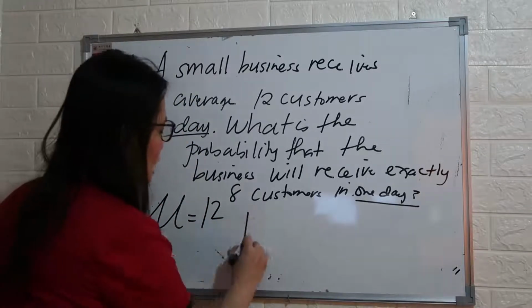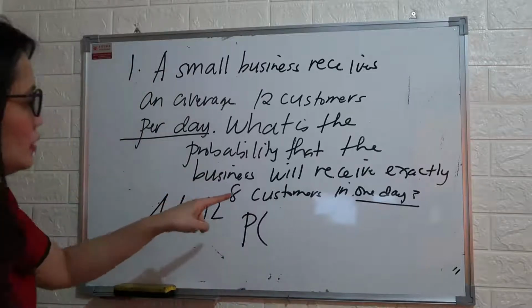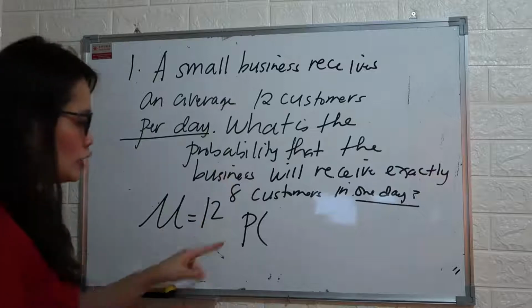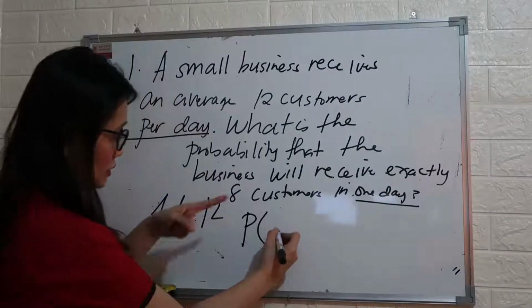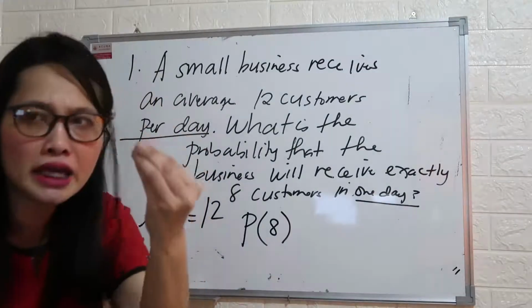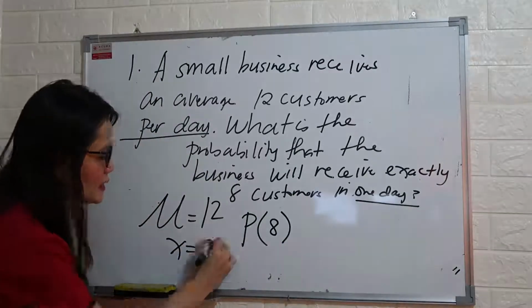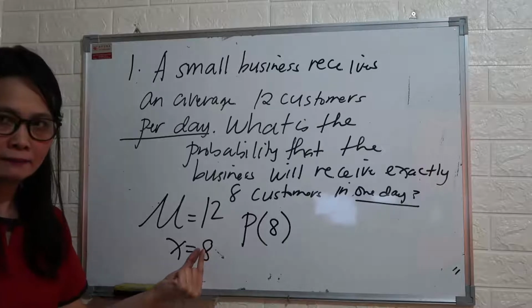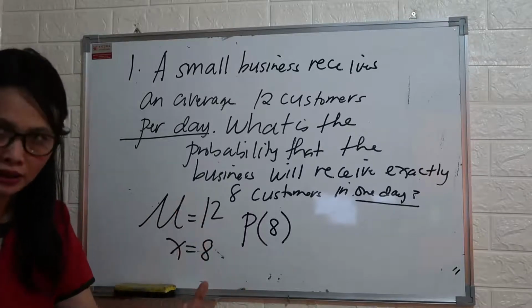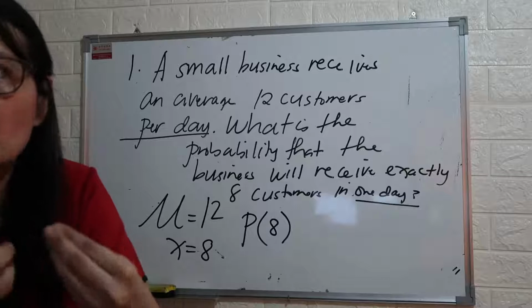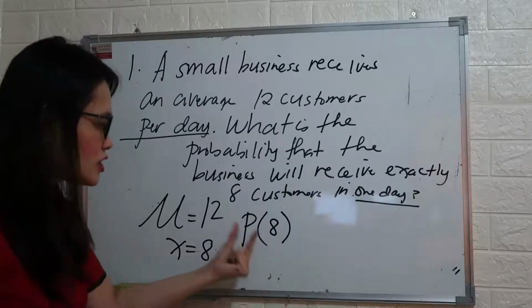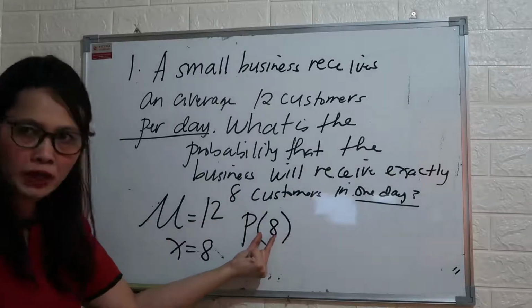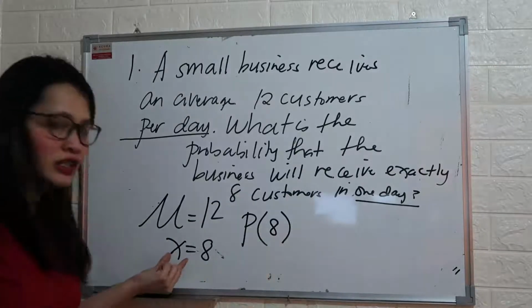We need to look for the probability that the business will receive exactly 8 customers, so x here is 8. X refers to the unknown value.